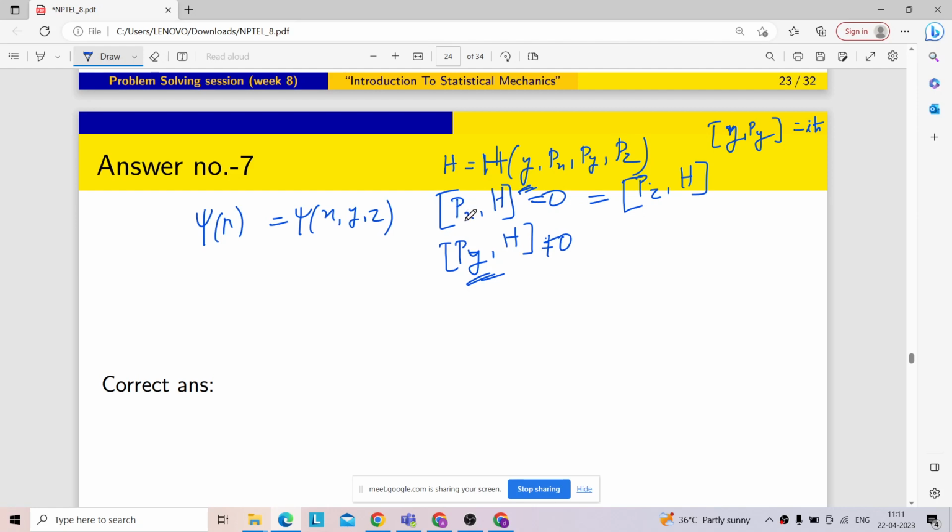So we see we can form a complete set using px, pz and the Hamiltonian since they are commuting with the Hamiltonian, but I can't take this py variable.